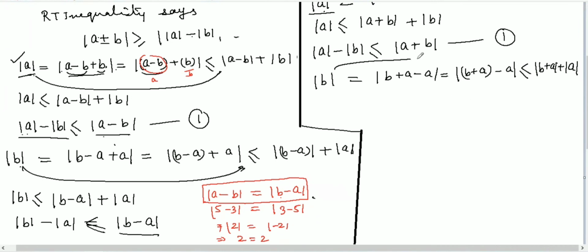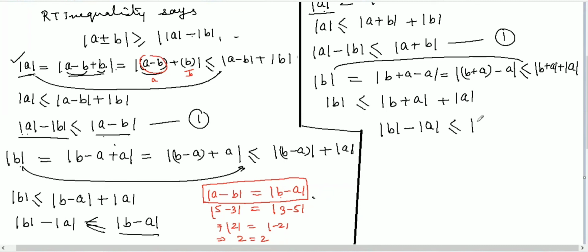Now, from here to here, compare this one. So the absolute value of B will become less than or equal to the absolute value of B plus A plus the absolute value of A. Bring this absolute value of A to your left hand side before the inequality sign. So the absolute value of B minus the absolute value of A is less than or equal to the absolute value of B plus A. Okay.